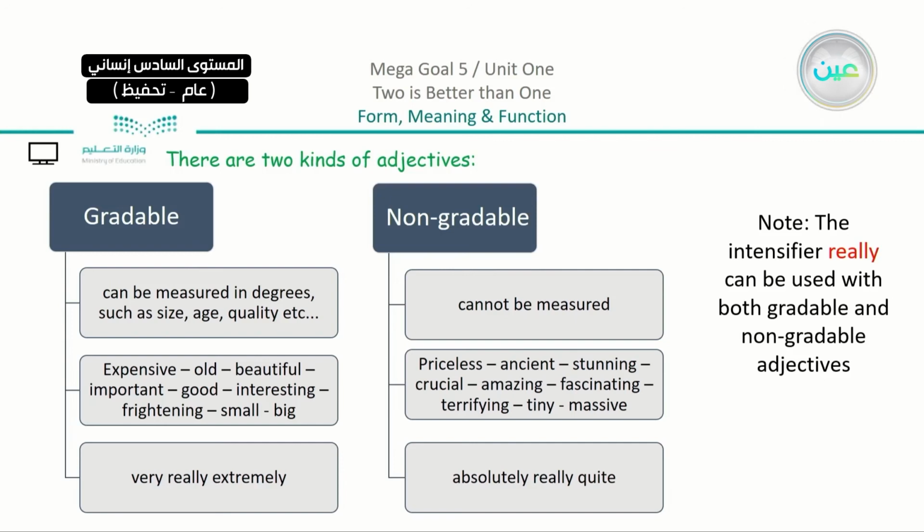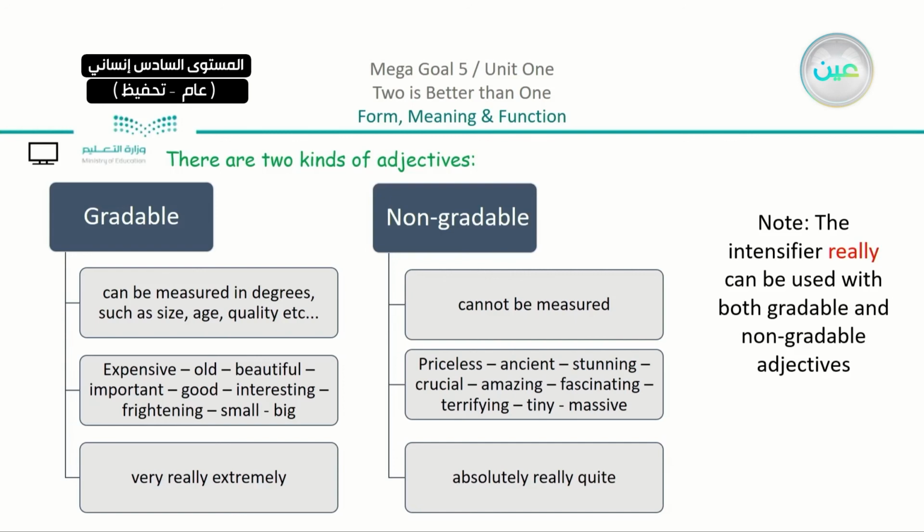We can say, for example, extremely big, but we cannot say extremely massive. So note that there is a difference when using the different intensifiers. You have three words here, and for the non-gradable adjectives we have three other words. So be careful what you are using exactly.